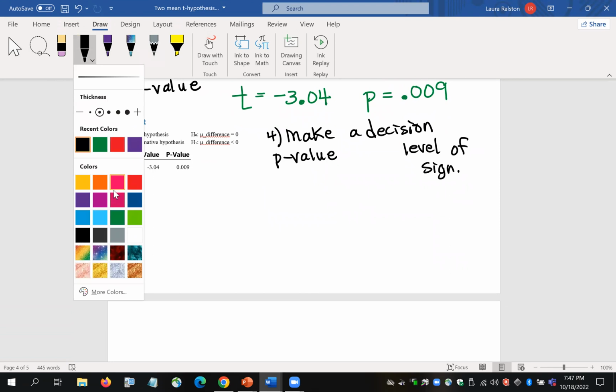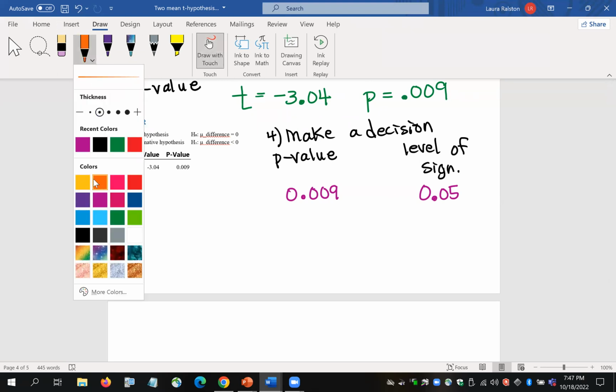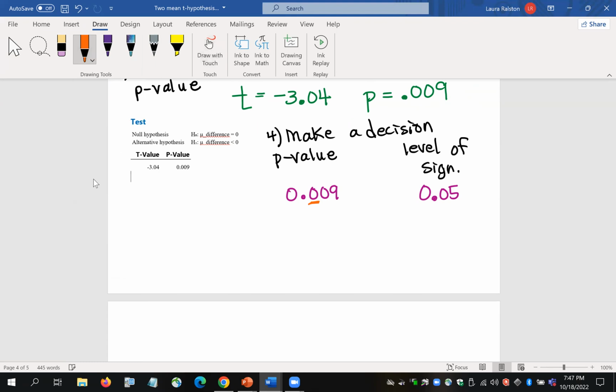The p-value, which comes from Minitab, is 0.009. My level of significance is 0.05. I'm going to make the comparison. 0.0 to 0.0, 0.0 to 0.05. 0.009 is less than 0.05. So p is less than or equal to alpha. When p is less than or equal to alpha, we reject the null hypothesis.